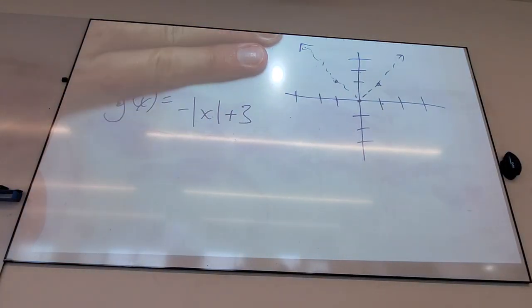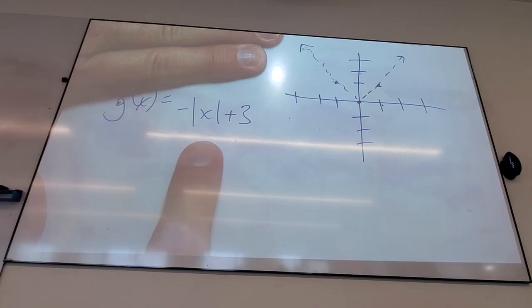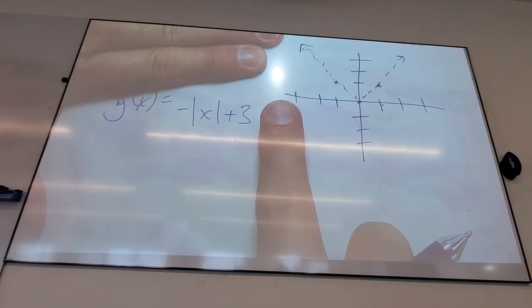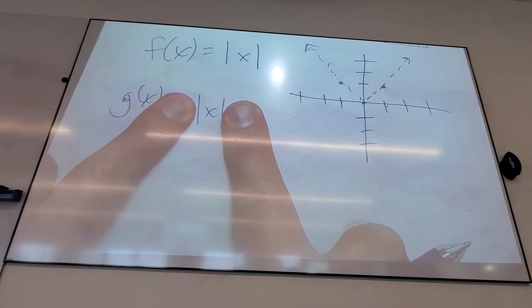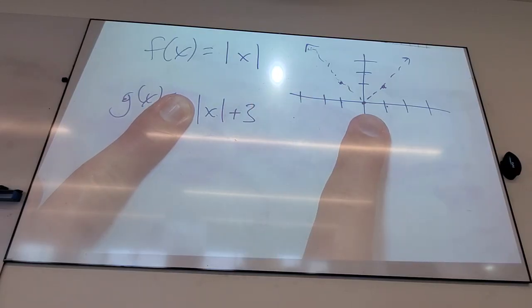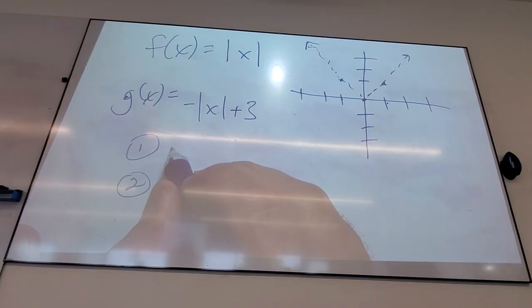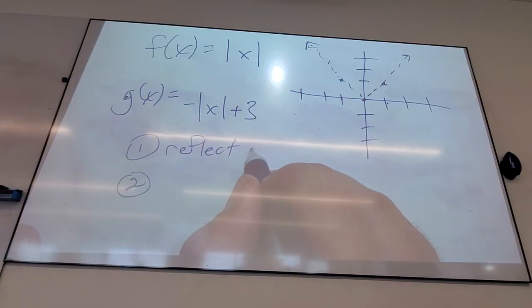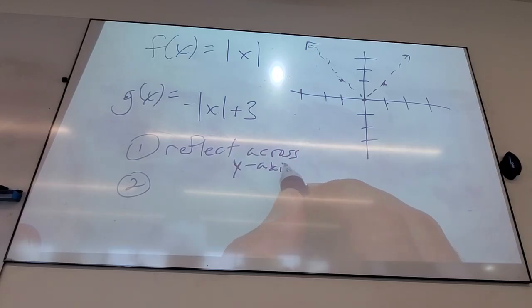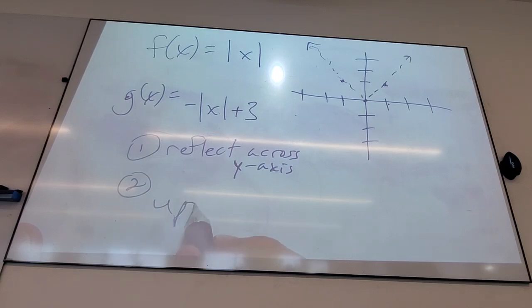So if I give you this and say graph the base function, if you can identify the transformations, you can take them out and see what the base function is, yes? Then you graph the base function. Okay, what are the transformations? It's going to reflect across the what axis? X-axis. Yeah, x-axis. And then it's going to go up a tree.